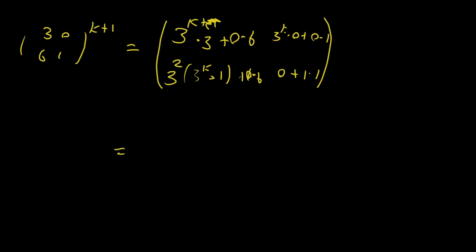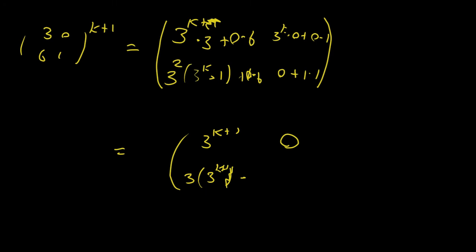We can clearly see this matrix is going to be the case that we want there. Because it's going to be 3 times 3 to the k, that's going to be 3 to the k plus 1. I took one of the k's inside.